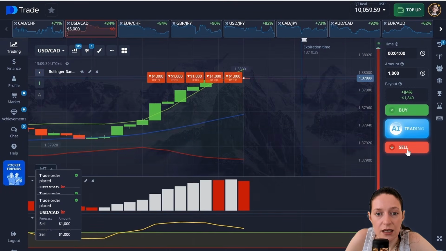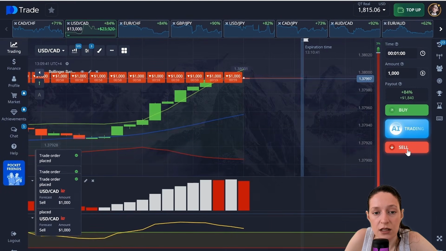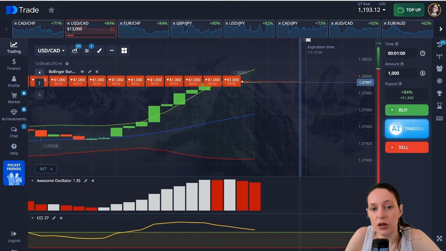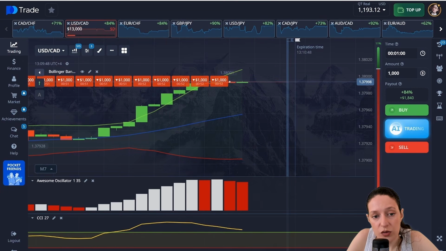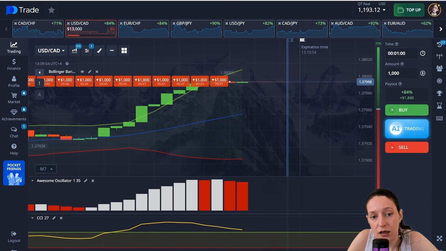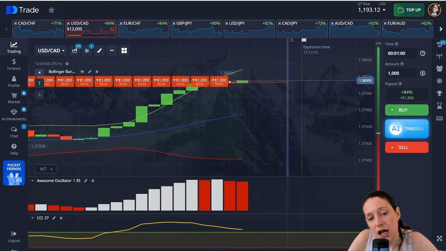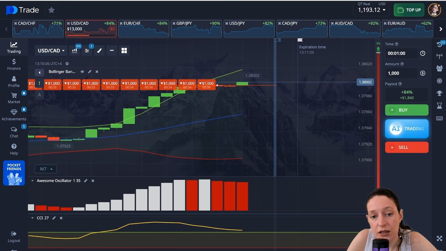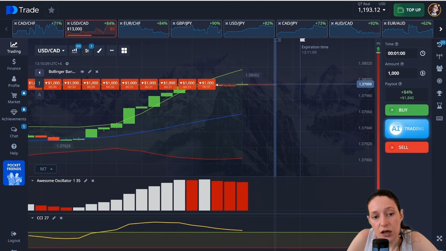Again and again, I found a very good moment. As you see, after touching the green line above the Bollinger Bands, the candle started to move down. If you look at the awesome oscillator candles, from the high candles, low candles slowly started to form. This is a signal from the awesome oscillator indicator in the downward direction.